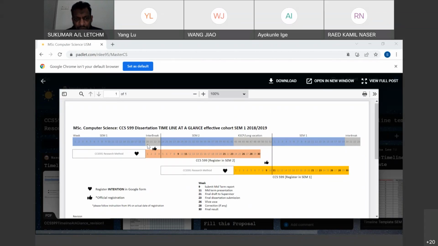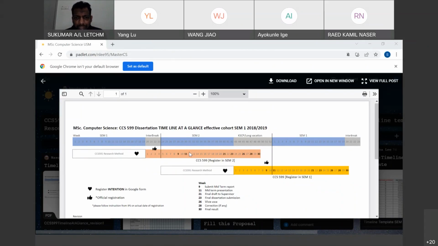Your date will be in week 20, and I have that deadline date as well. So you will have certain dates which you need to comply with. You will do this whole process until your Viva for next semester.